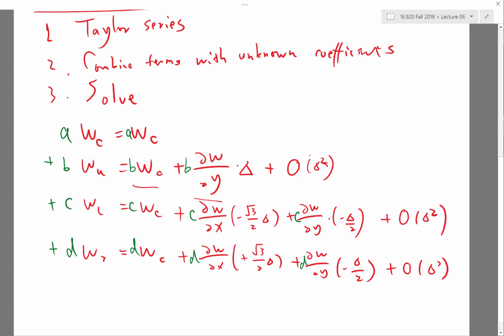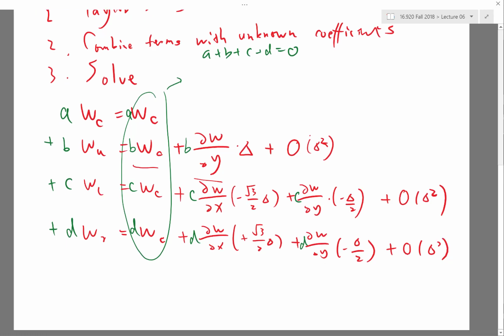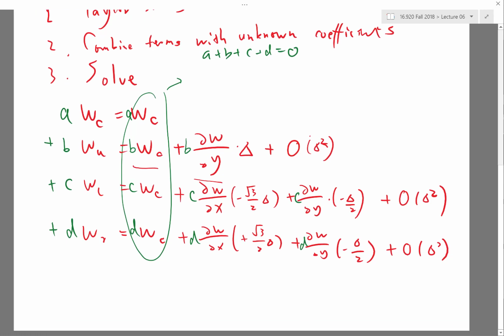The first equation gives us a plus b plus c plus d equal to 0. The second equation is with x: we want the combination to approximate dw dx. So c plus d has to be weighed by different things.